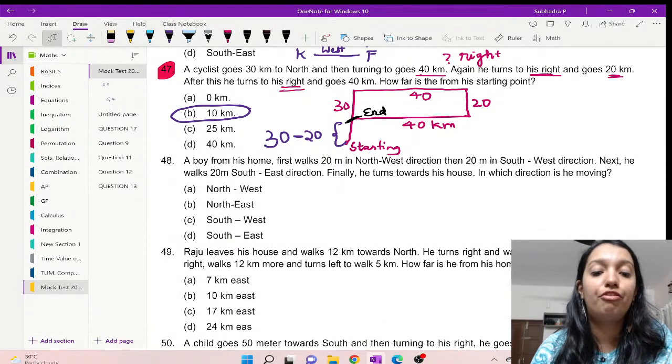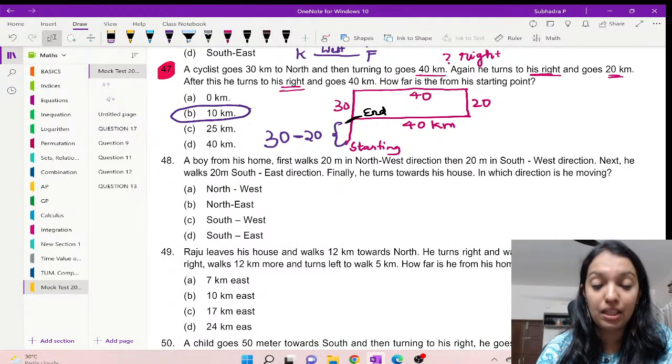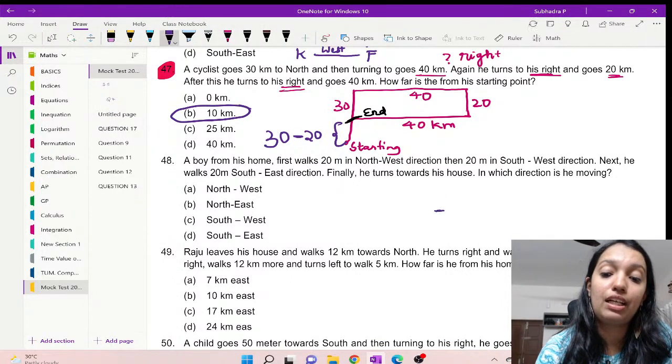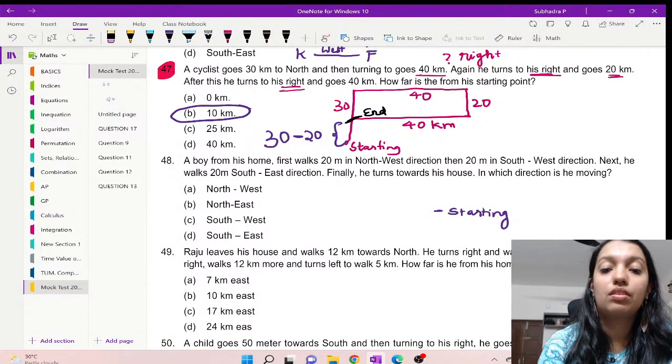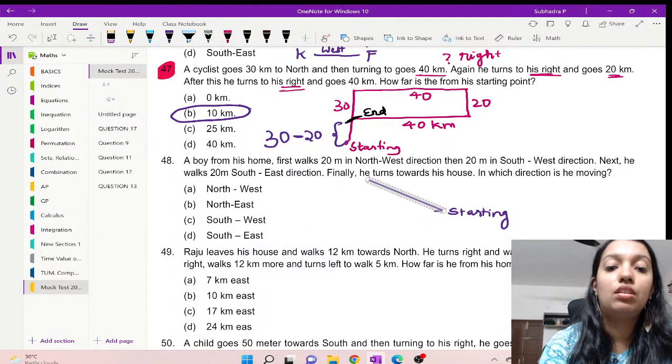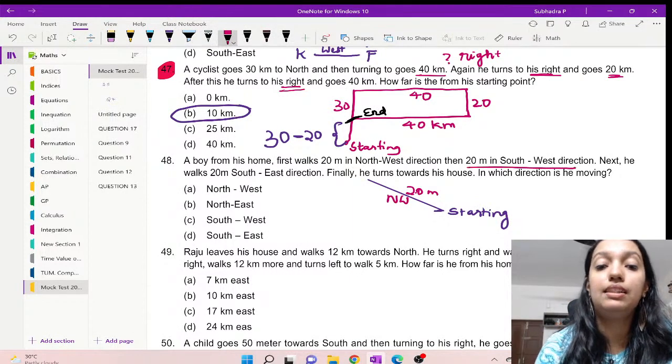A boy starts walking from his home, first walks 20 meters in the northwest direction. So if I take this to be the starting point, 20 meters in northwest. Next, 20 meters in southwest.